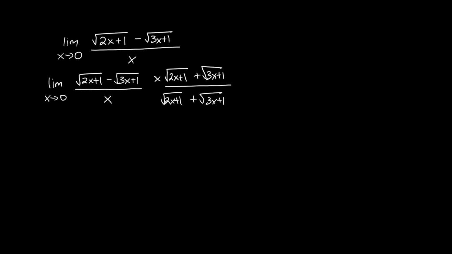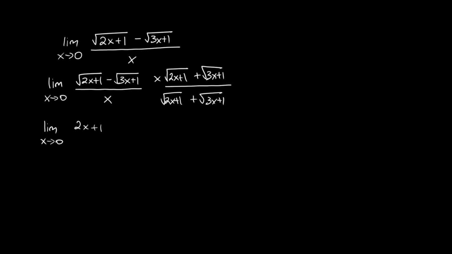And so let's go ahead and multiply our numerator. So this becomes the limit as x approaches 0. Now the square root of 2x plus 1 multiplied by the square root of 2x plus 1 becomes 2x plus 1.